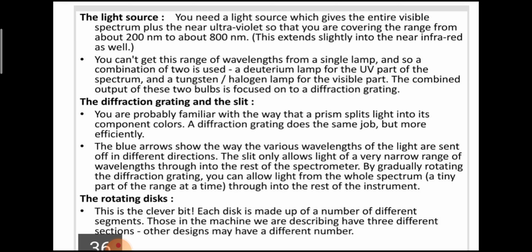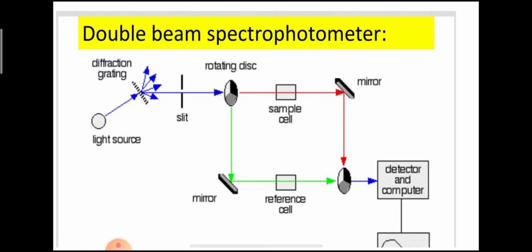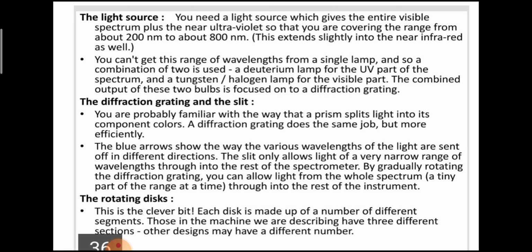You are probably familiar with the way that a prism splits light into its component colors. A diffraction grating does the same job but more efficiently. The blue arrows from the diffraction grating show the way the various wavelengths of the light are sent off in different directions.